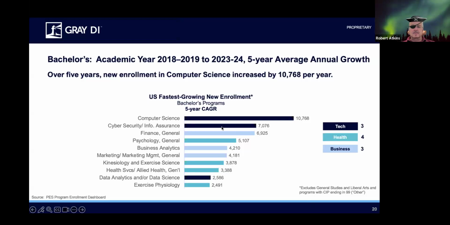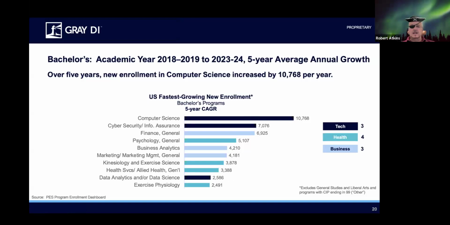Then we have some tech programs. I mentioned computer science and cybersecurity. We also have data analytics up over 2,500 students per year over this period. So very rapid growth there. And of course, business makes a showing too. I mentioned finance. We have business analytics up almost 4,000 students a year. You could argue that's a tech program. It involves things like machine learning.